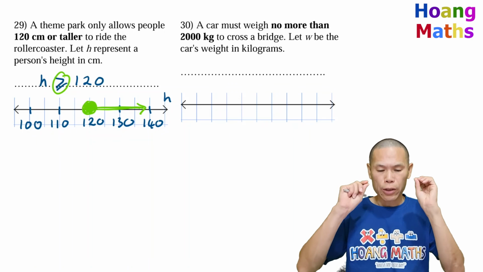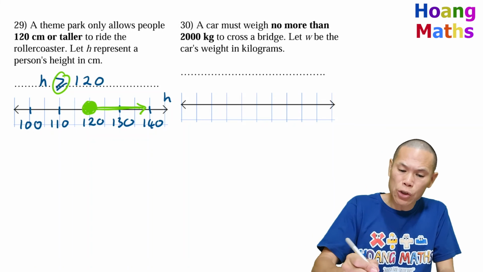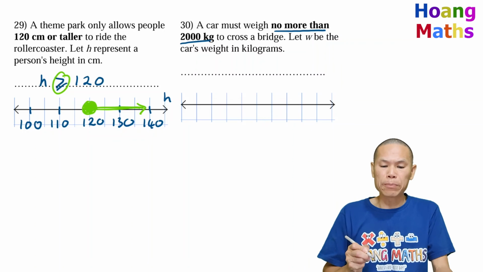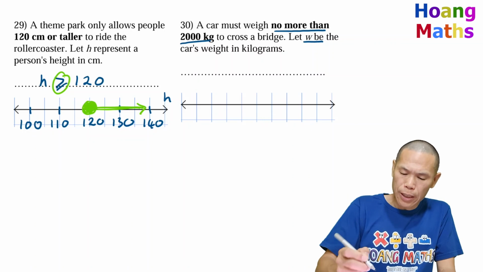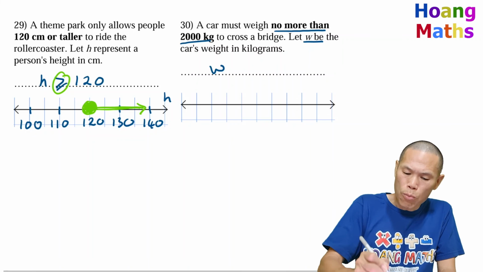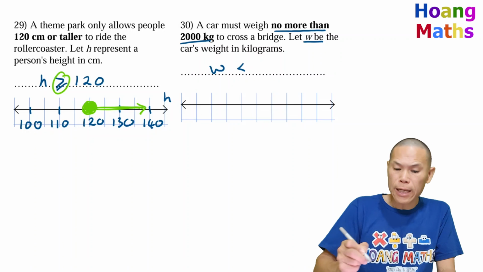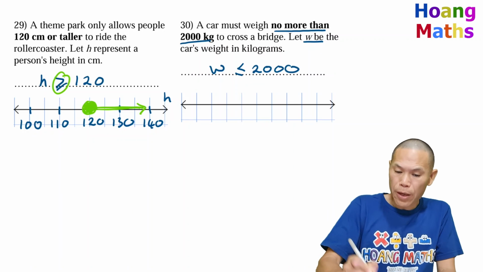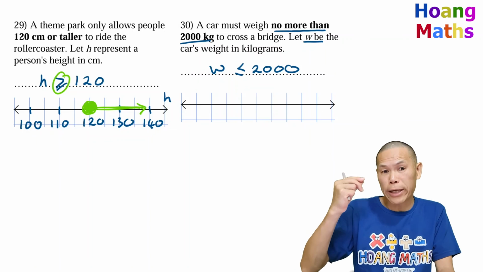Question 30. We know that the weight must be no more than 2,000 kilograms. So W represents weight. That means W is no more than, that means less than or equal to 2,000, because 2,000 is not greater than 2,000.